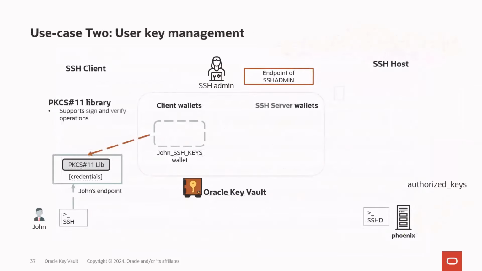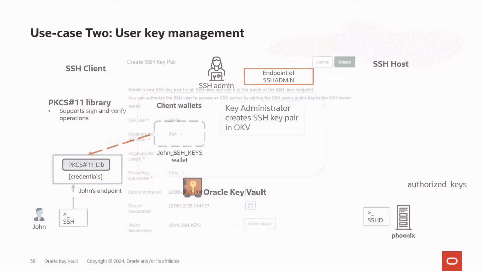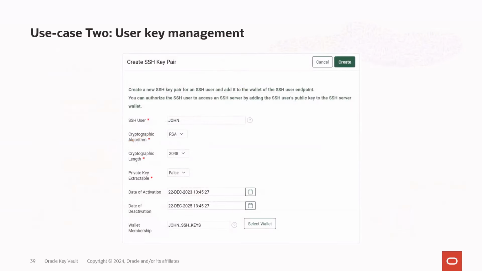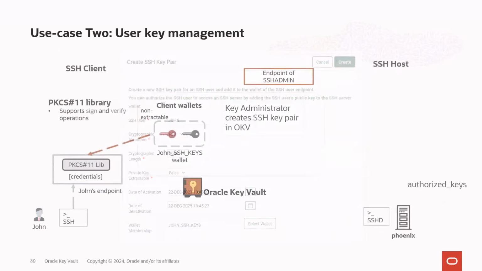And now we go to the user key management, to the private key governance, right? Because we want to know more about our private keys. So what we do, the SSH administrator creates a public key pair in OKV. This is how the page looks like. And you see that the wallet membership is already addressing John's wallet.